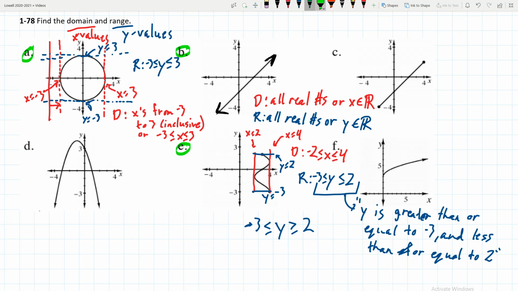The part that I'm getting at is this "and" part.